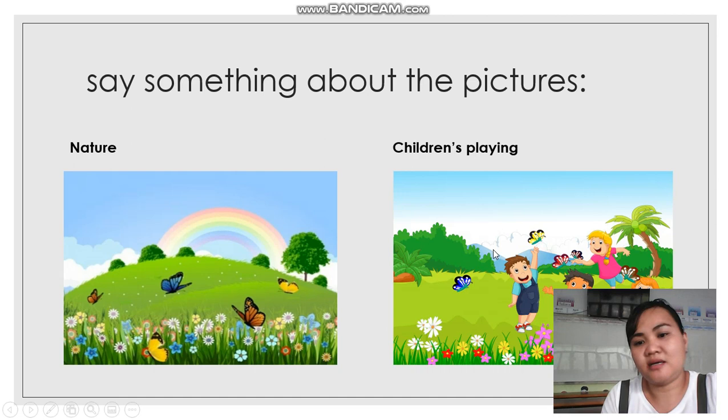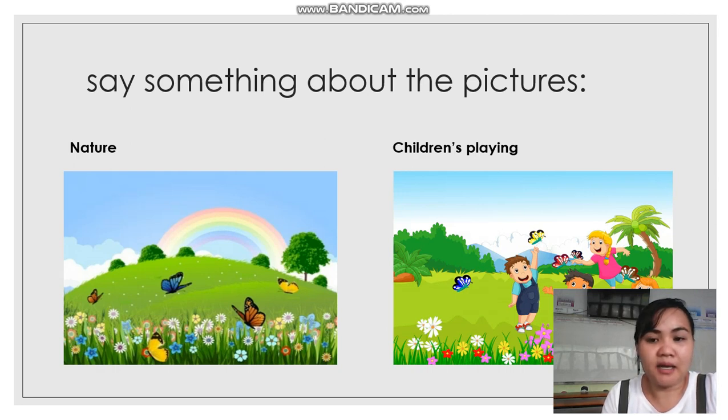Okay, so next, what can you say about the second picture? This is about children playing. So let's try. On the second picture, I can see that there are children playing.